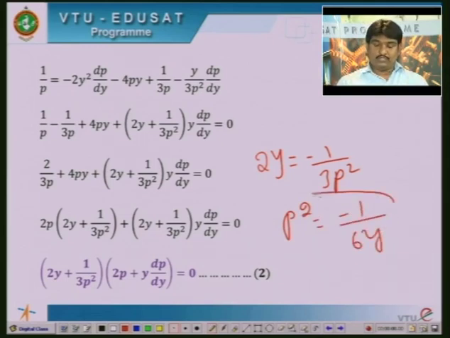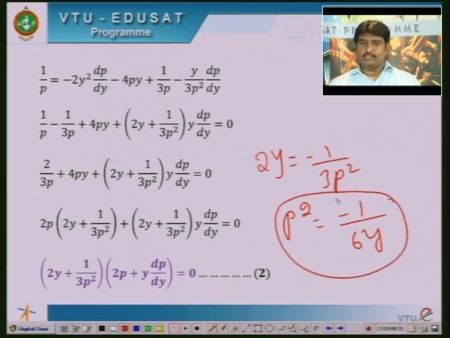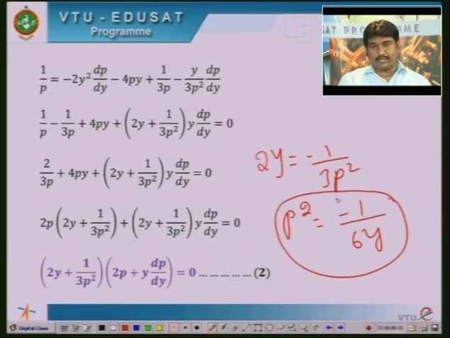You have to substitute this value of p square in the given differential equation. So one method of finding the singular solution: you substitute p square equals minus 1 by 6y in the given differential equation. p gets eliminated straight away and you will get a singular solution. This is one method. The second method is as usual.